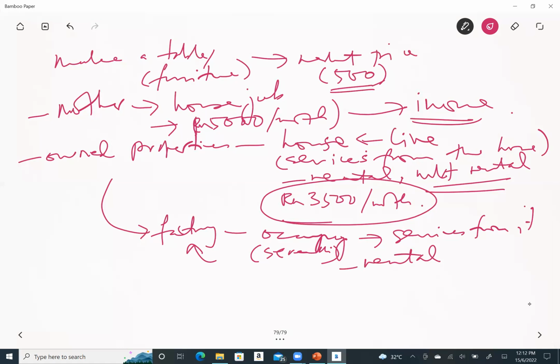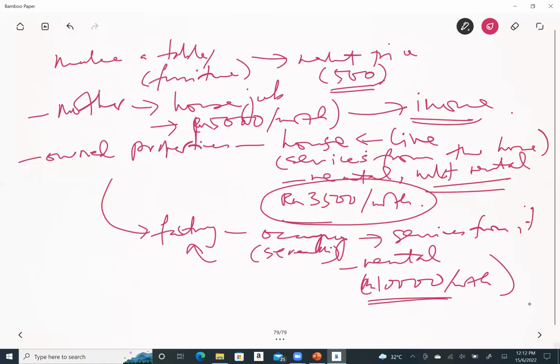How much would you rent it for somebody to use that factory? Suppose 10,000 RM per month. So that is considered income, even though you use your own factory. That is considered income. So income from all sources, whether it is your own, whether you get it in kind, or it is given by another person.